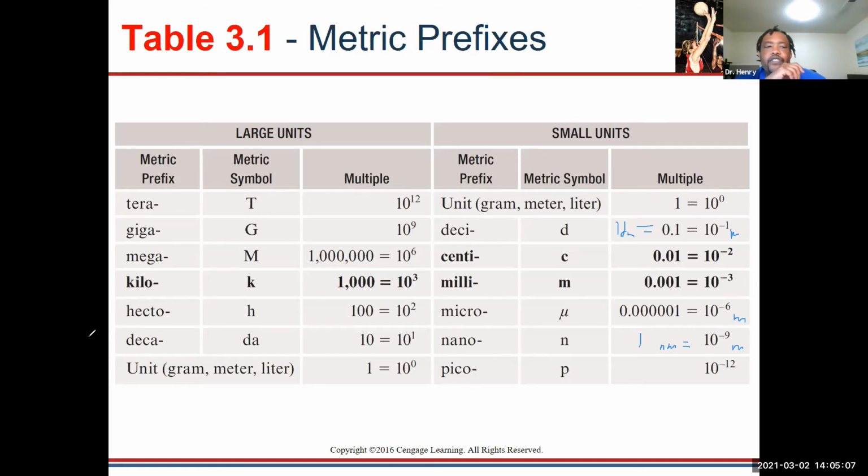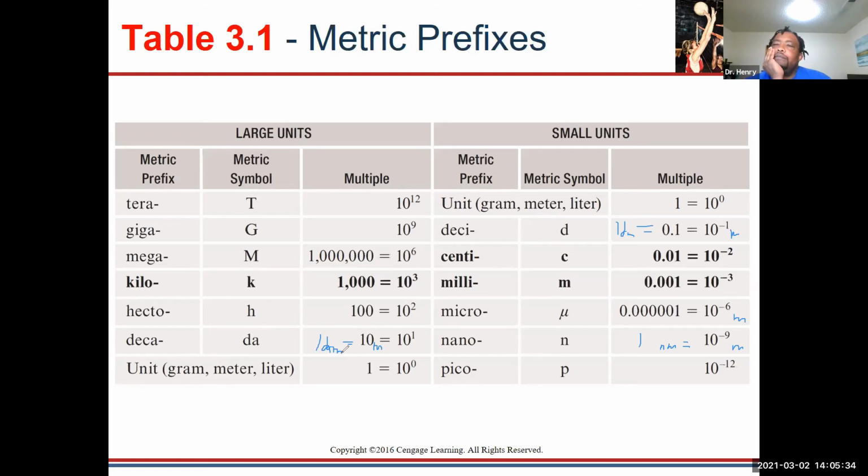And then that's the same thing when we start talking about deca. Deca means 10. So 10 meters will equal 1 dam, which is a decameter, right?